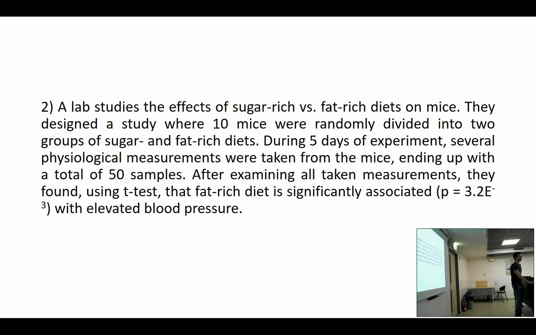Okay, so you say that they don't compare to something normal. So we don't actually have a control group, we just have 2 case groups, and then the conclusion that fat-rich diet is significantly associated with blood pressure could be wrong. I mean, it's different from sugar-rich diet, but maybe fat-rich diet is normal, and sugar-rich diet is the one that is unusual. It could be.